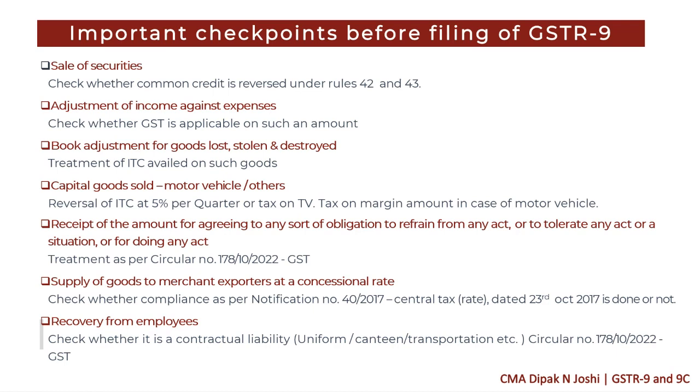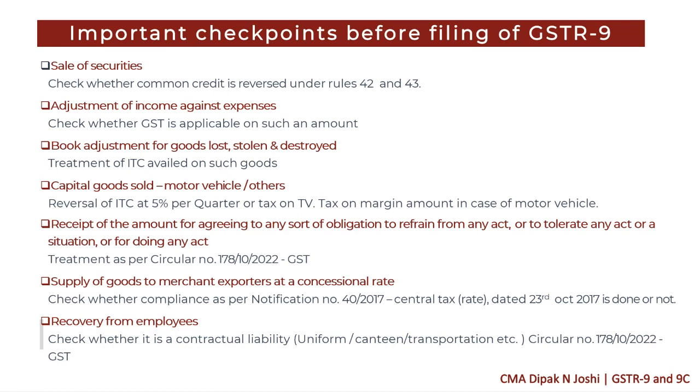The next important point is receipt of any amount on account of agreeing to do an act, or on account of refraining from doing any act, or from tolerance of any act. So in that case, we should refer to the treatment as provided under Circular number 178/10/2022, which is a very important circular, particularly in case of liquidated damages.